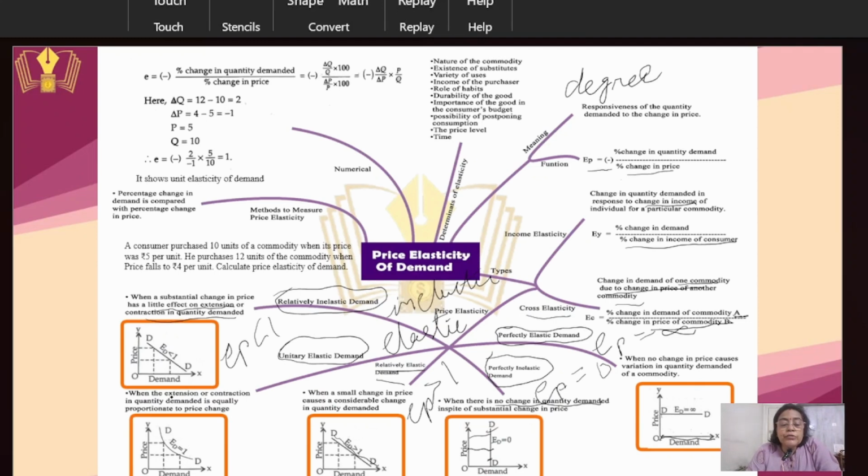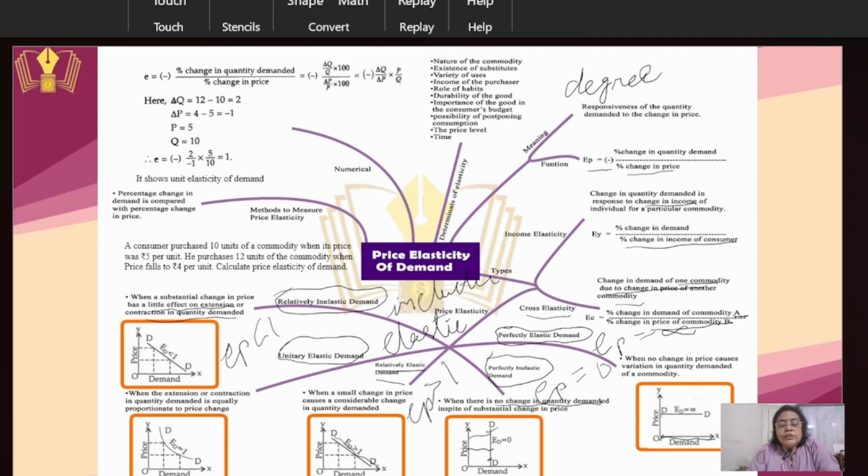Unitary elastic demand is when the extension or contraction in quantity demanded is equally proportionate to the price change. Suppose price increases by 5%, there will be a decrease in demand by 5%.